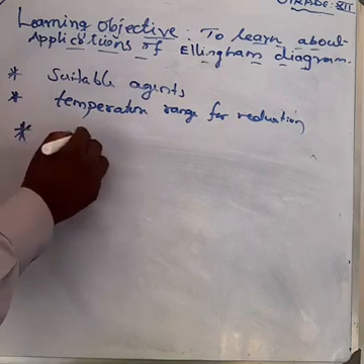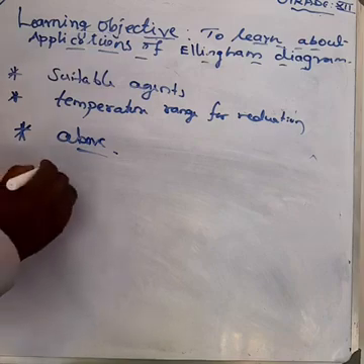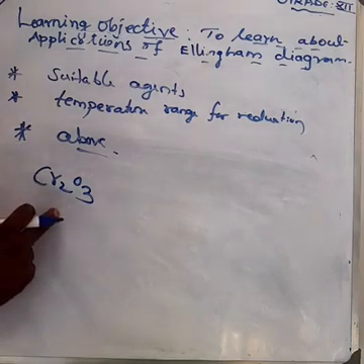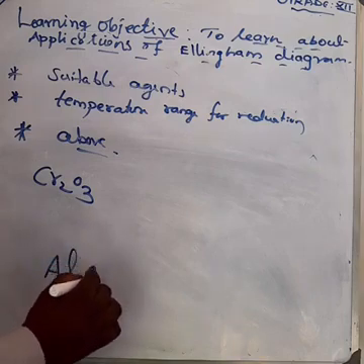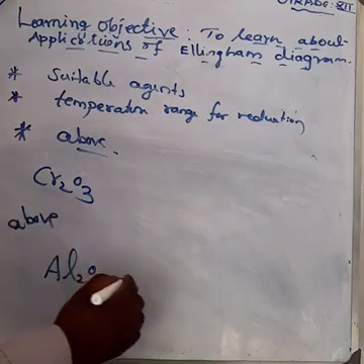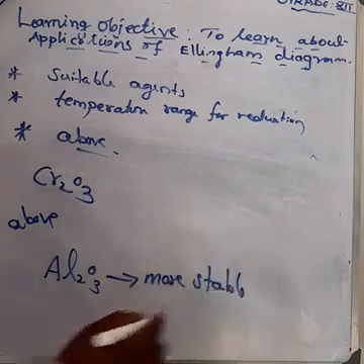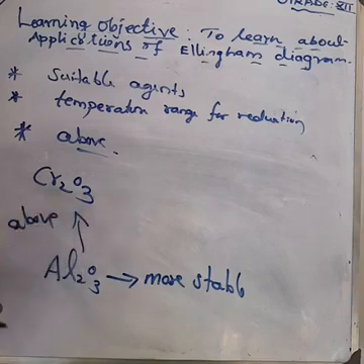I am taking one example. Chromic oxide lies above aluminum oxide. What is the meaning?